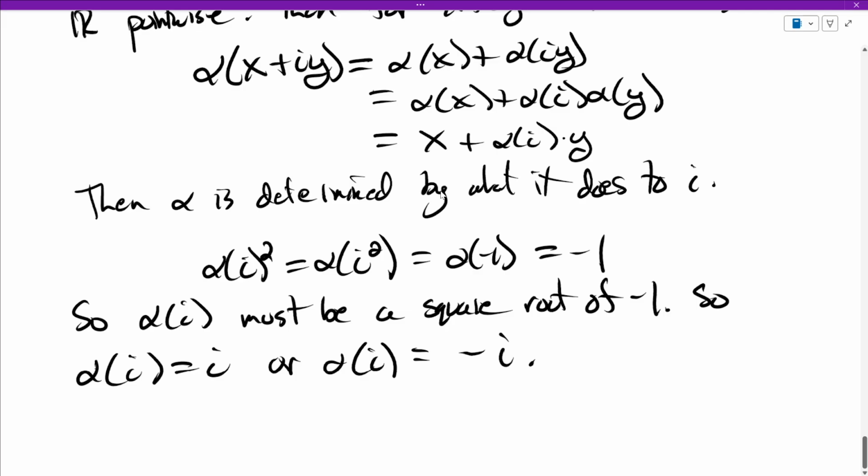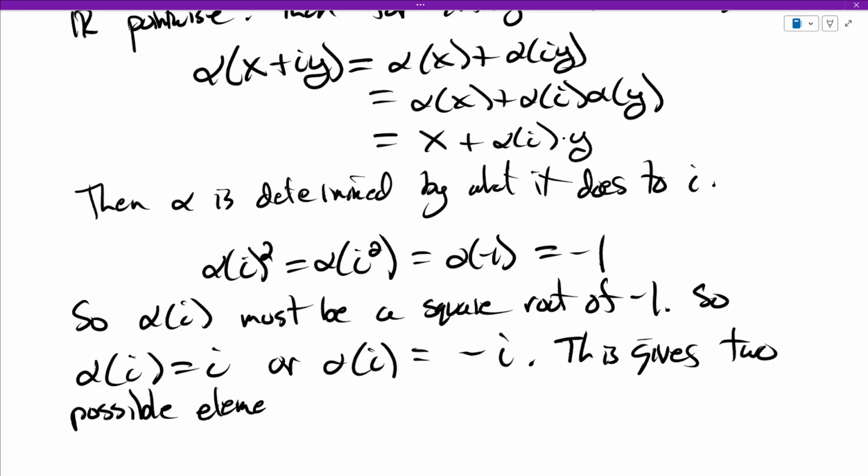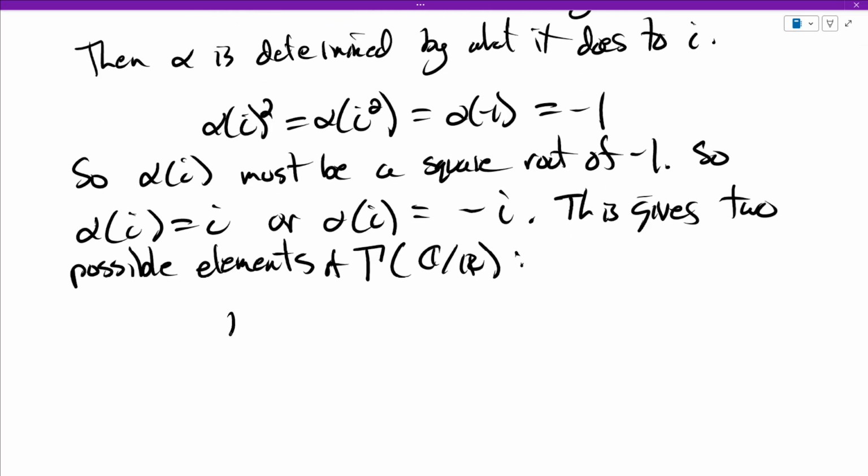This gives us two possible automorphisms. I'll explain what I mean by two possible elements of the Galois group in a second. We get one of them that takes x plus iy and spits out x plus iy. That is, it doesn't move i.